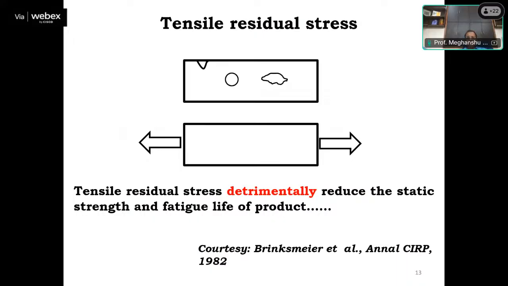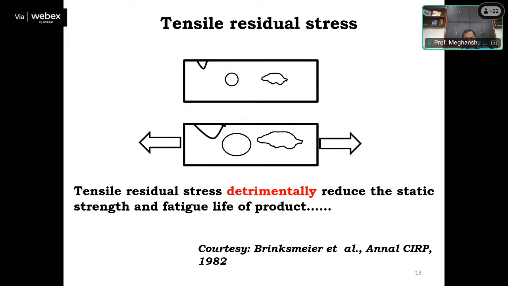Without differentiating or biasing, it will also elongate the size of the crack, void, and porosity. So the defect size or imperfection size will increase with induction of tensile residual stress. That is why tensile residual stress is not required. It detrimentally reduces the static strength and the fatigue life of the product or manufactured component.